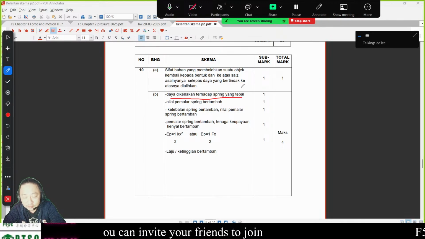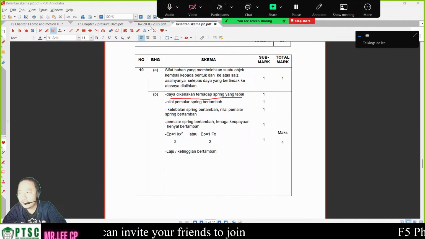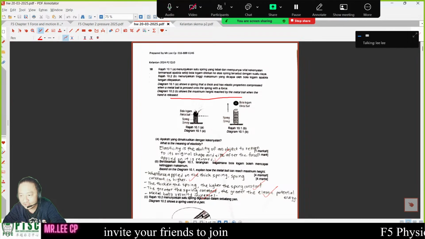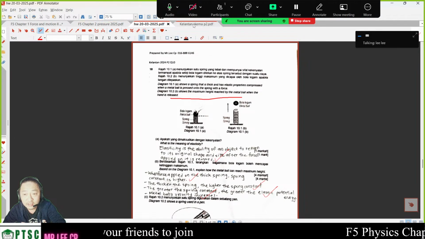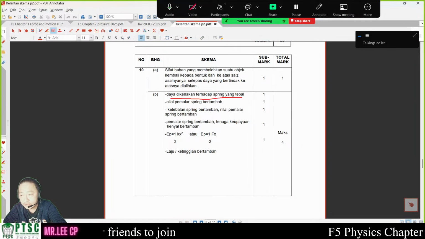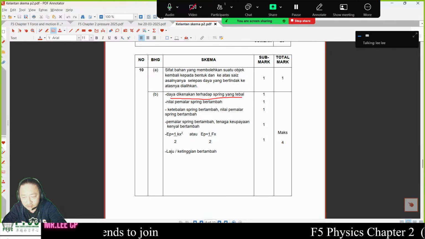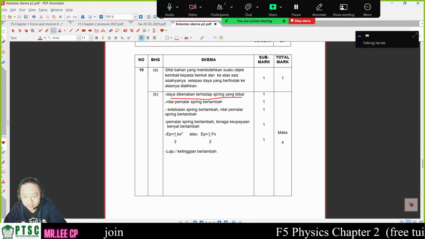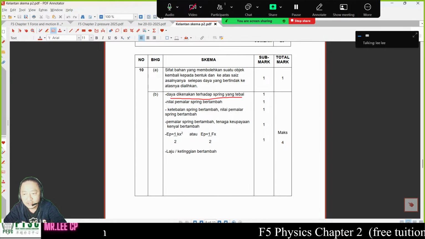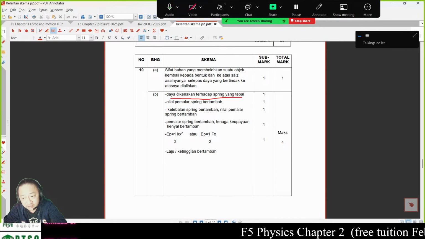So I don't have it. So where you got it here? Your answer here, right? Force applied to the thick spring. Okay, spring constant higher lah. Another word. So I don't have it. So ketebalan spring bertambah, nilai pemalar spring bertambah. Means the thickness of the spring increases, k increases. Okay.